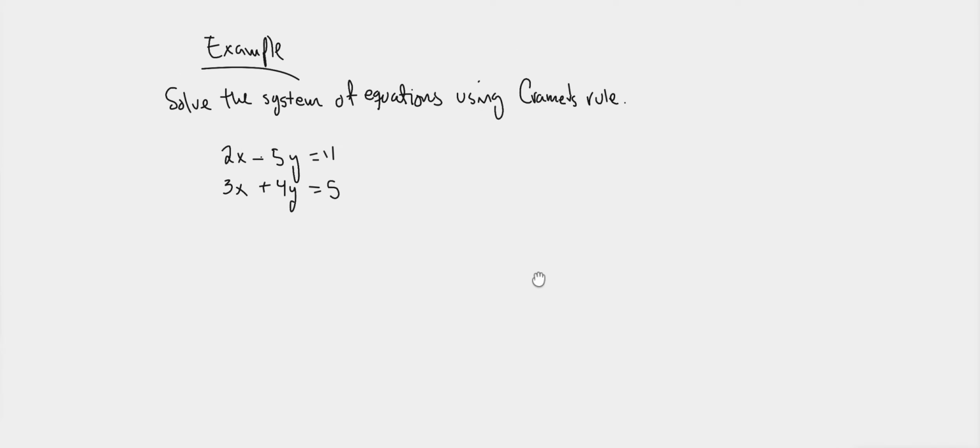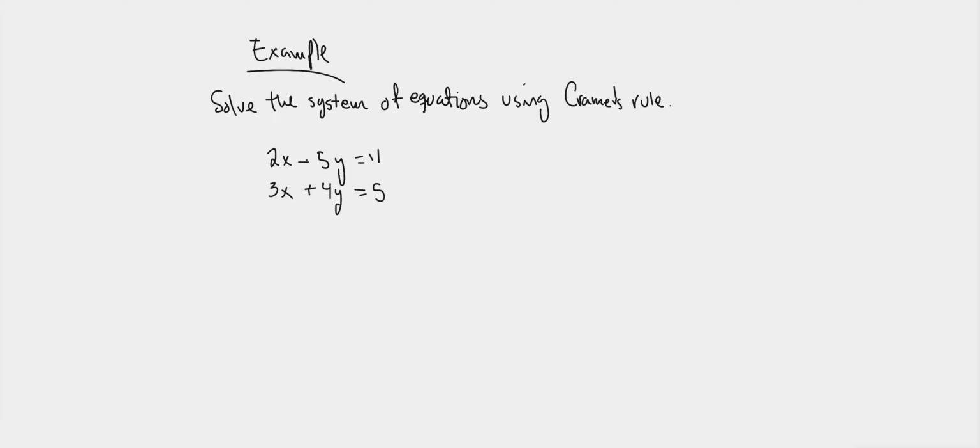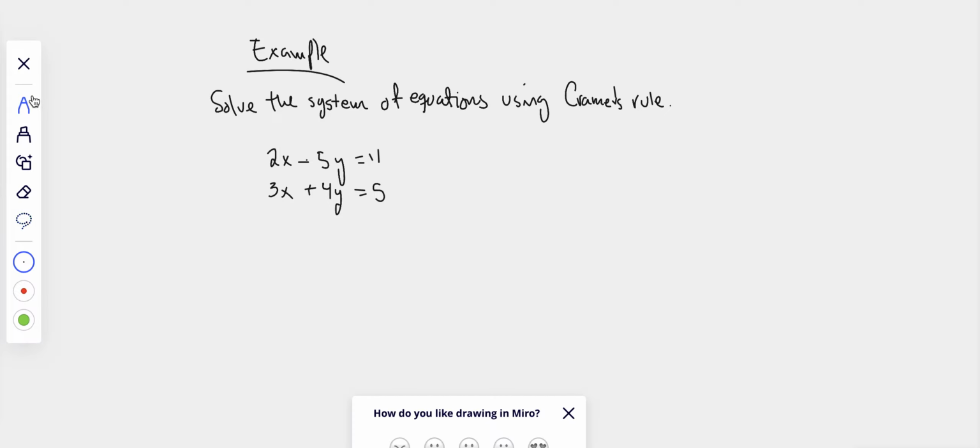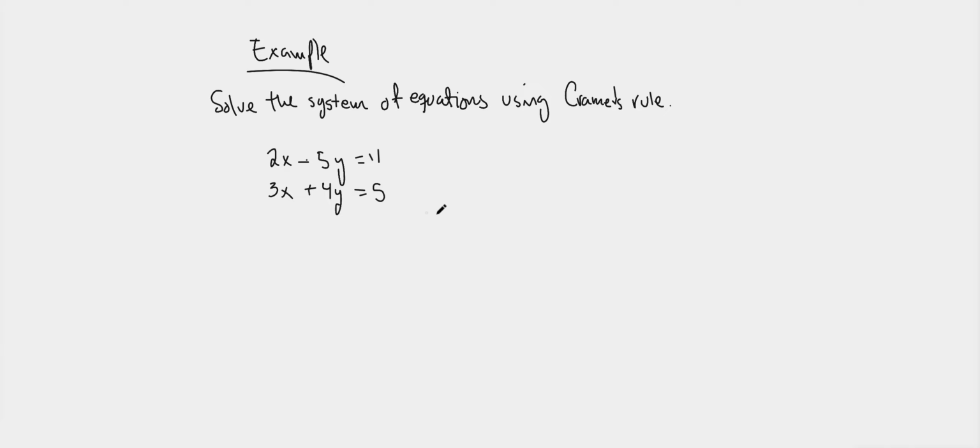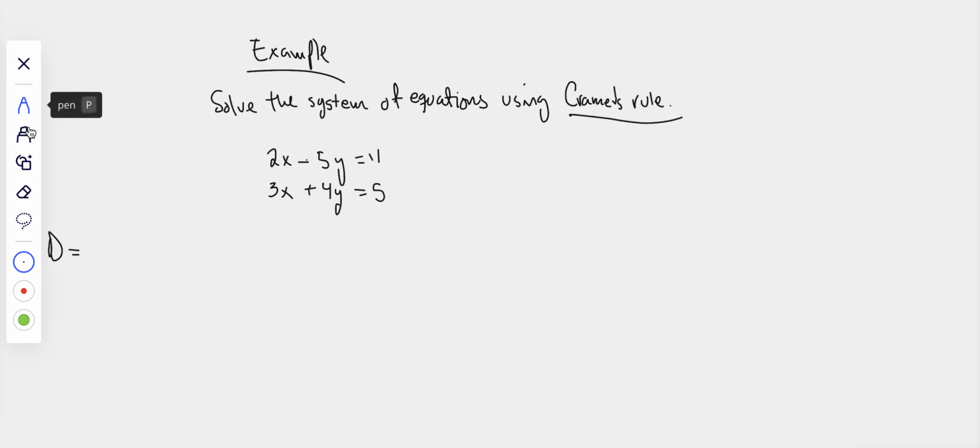Now let's work through this problem and solve this system of equations using Cramer's rule. The first thing that we need is to find the determinant of the constant. Let me label this very quickly: A1, B1, C1, A2, B2, C2.